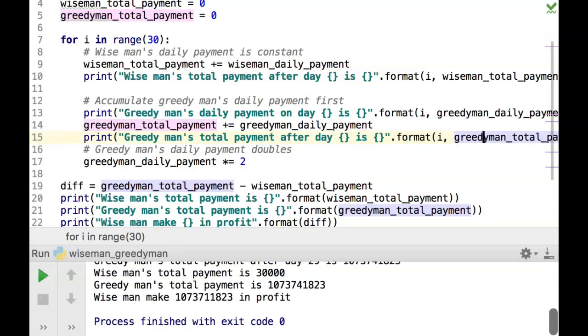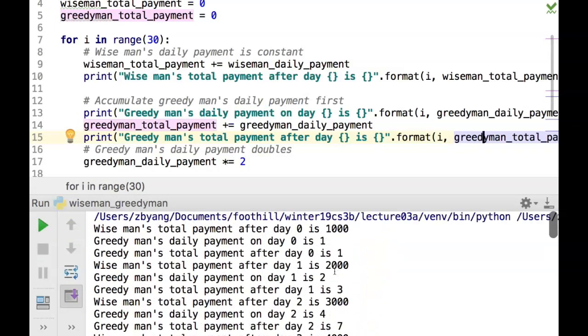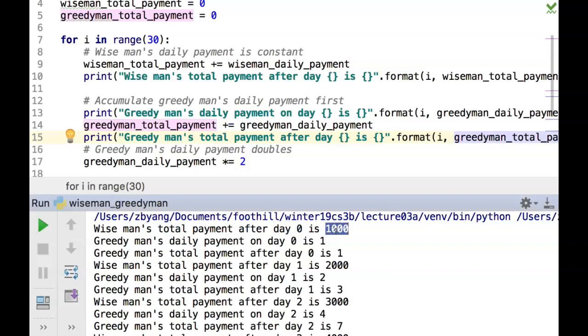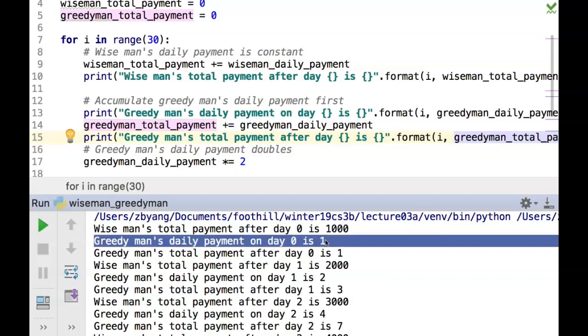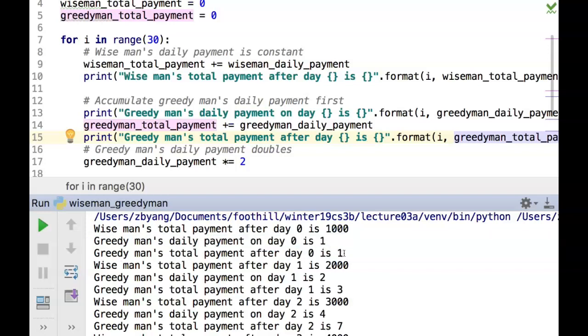So this piece of code, I believe it works correctly. We can verify it together. On day 0, which is the first day, the wise man's total payment is $1,000. The greedy man's daily payment is 1, right? And then the total payment after the first day is 1, right?